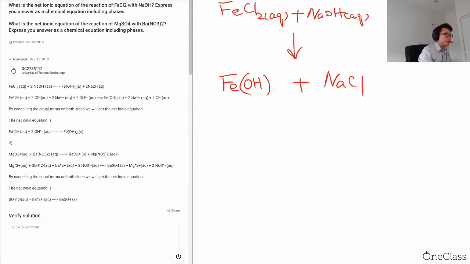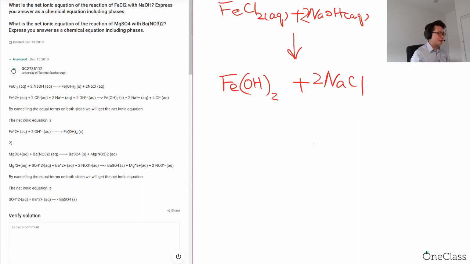The 2 should be outside of that. The next step is to balance it. We have 2 chloride, so we add a 2 in front of sodium hydroxide. Okay, so the chemical reaction is balanced, however we're missing the phase.